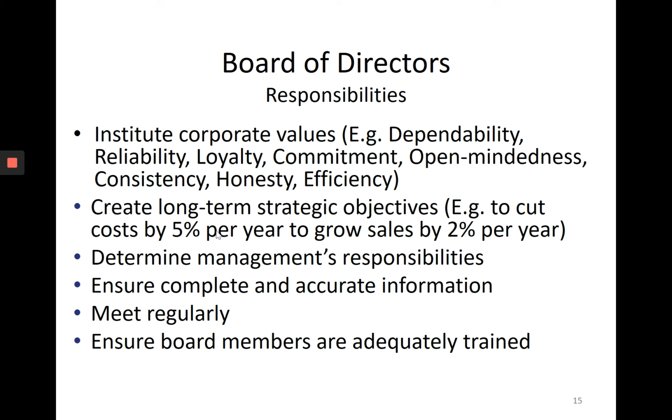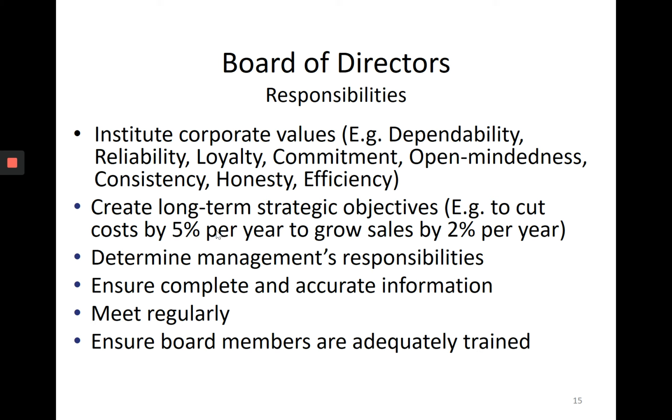For example, we are producing products that would be dependable. Consistency, we have a corporation that consistently delivers what we promise. Efficiency, we make the product more efficiently than others, for example, in terms of cost. Each one of these can be a corporate value that the board members set.